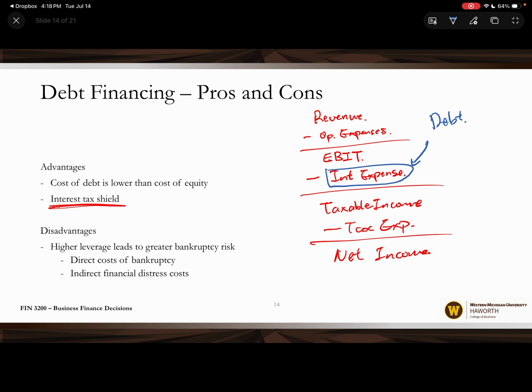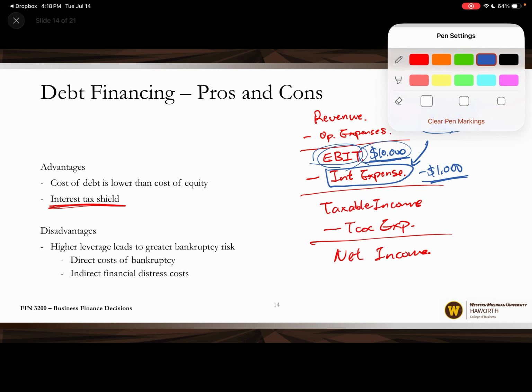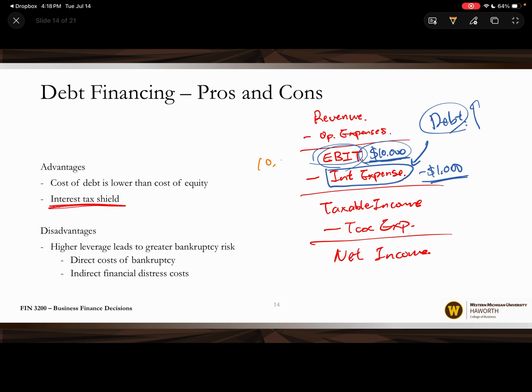right? So with a lot of debt, let's say EBIT is fixed. So just like I mentioned before, how you finance the company doesn't really affect the operating profitability of the firm, right? So let's just say the firm will generate $10,000 no matter what, but if the firm takes on a lot of debt, then there will be a lot of interest expense, let's say $1,000, okay, compared to a case where the firm doesn't have any debt.